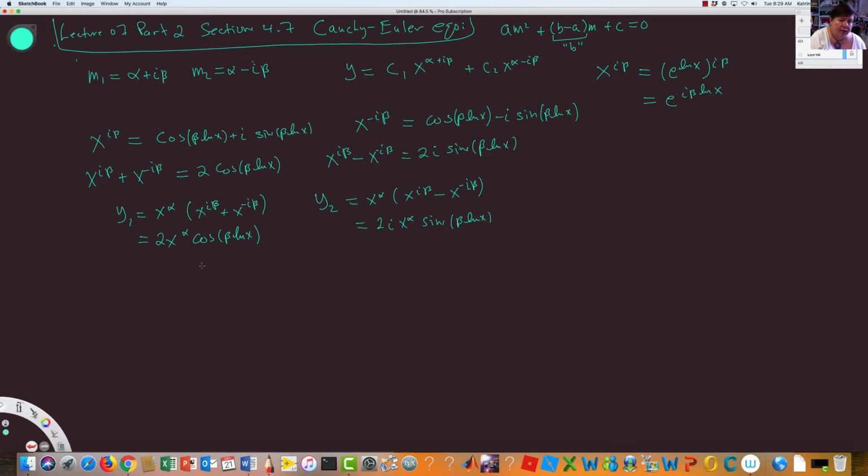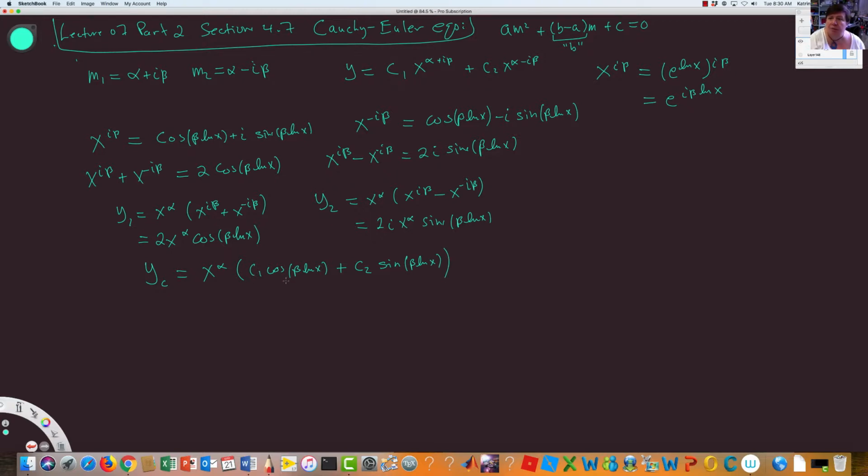I didn't show all this math last time, but it was really the same thing. Now I can absorb the 2 and the 2i into the constants, and write my full complementary solution as x to the alpha times c1 cosine of beta ln of x plus c2 sine of beta ln of x.